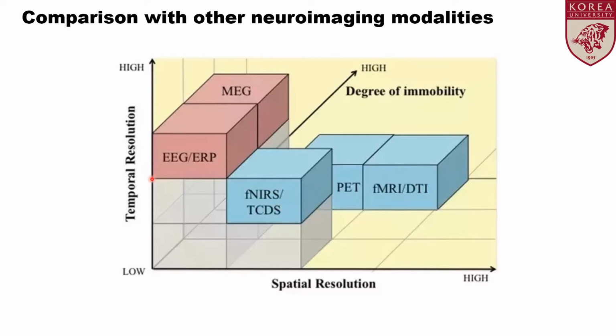Here we can see that this device has advantages over other modalities in different aspects. It has a better spatial resolution than EEG and MEG. Also, it has better temporal resolution in comparison to fMRI and PET.